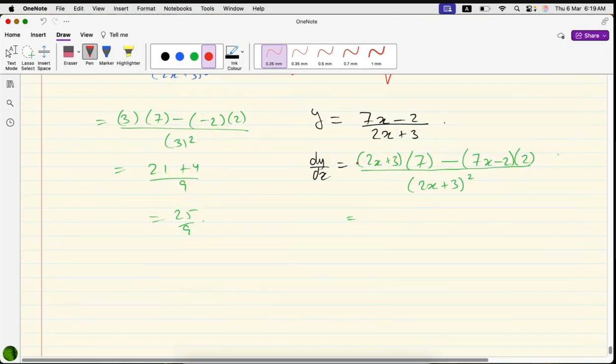If I substitute 0, this is 3 only, minus, we substitute 0, that is minus 2 into 2, over 3 squared, 21 minus 4 plus 4 over 9. That's 25 by 9 for sure.